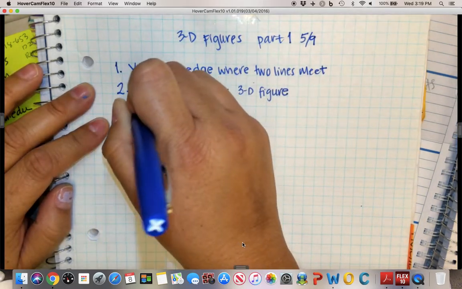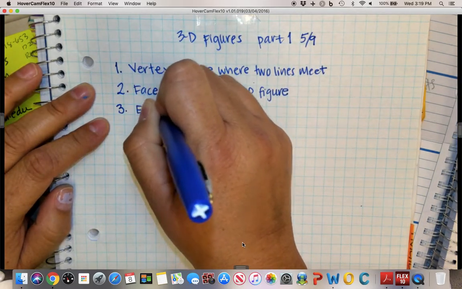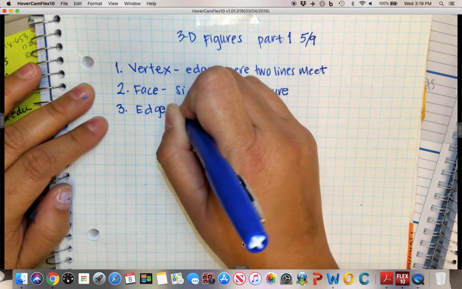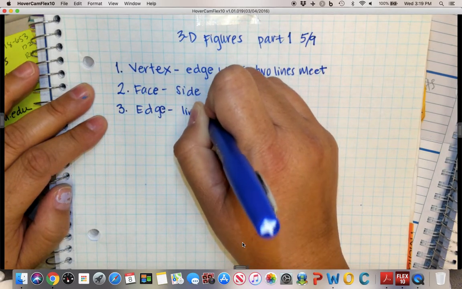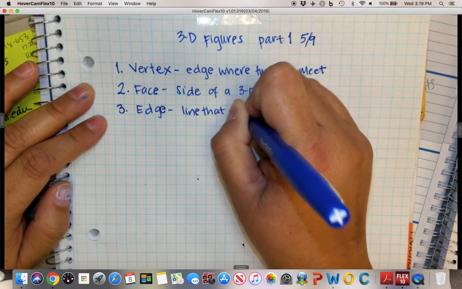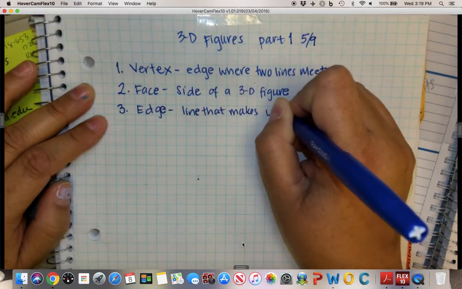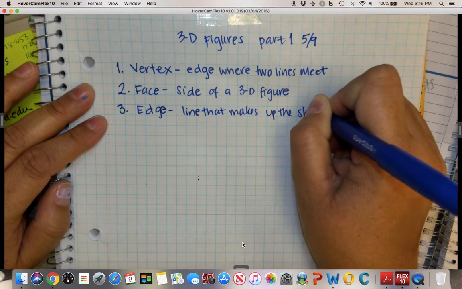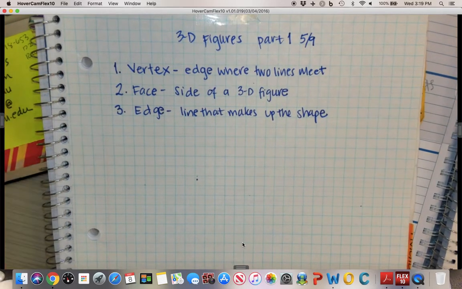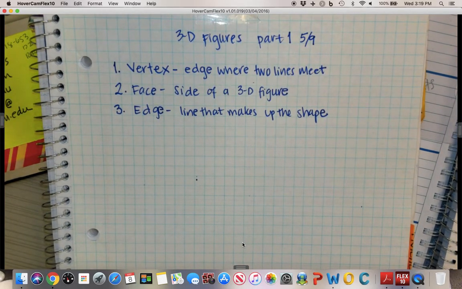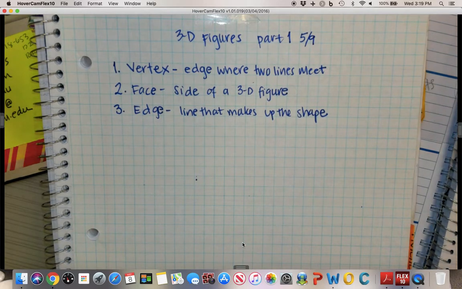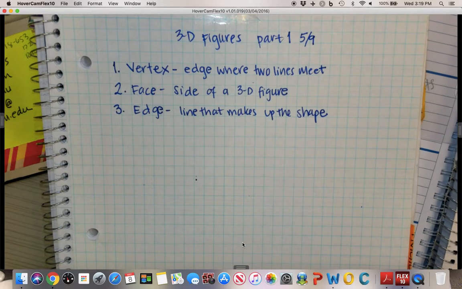And the third word is edge, and an edge is a line that makes up the shape. So we're going to draw some of those figures, and we are going to identify the vertexes, the faces, and the edges. I will be using a highlighter just to highlight those areas so you can see them better when we draw them.